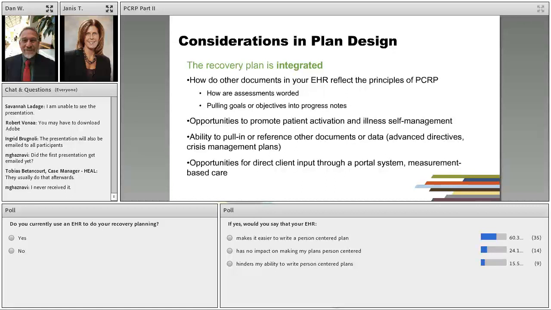By the same token, it would be really cool, if you're measuring some of these things in a recovery plan, and you have an objective, let's say, that could actually reference this. So someone does a self-rating on their depressive feelings or their sleep disruption, and you have a rating of it over time that you could connect back to the objective to see how much they were able to progress, and the person was able to see that.